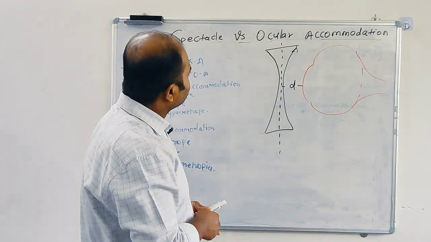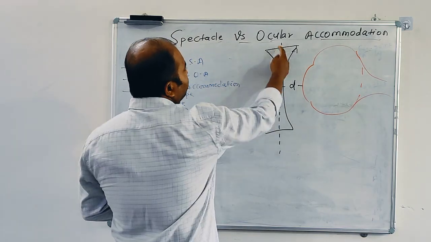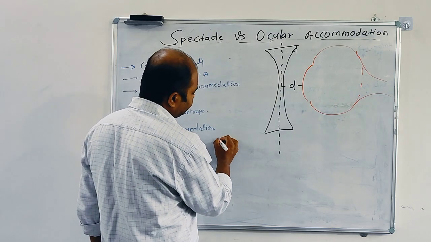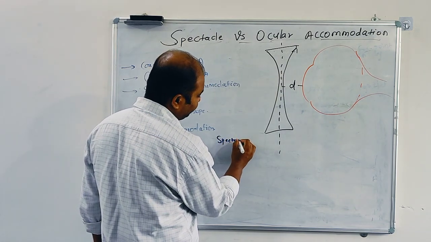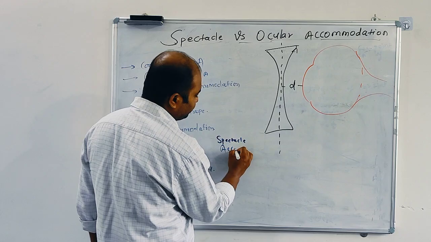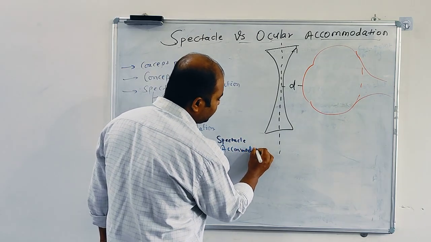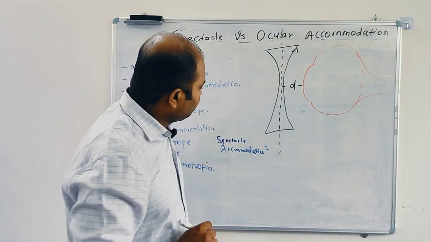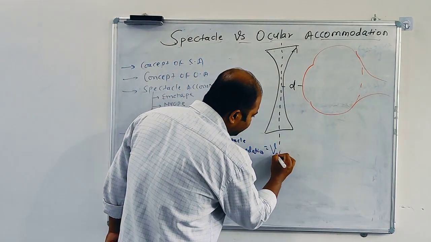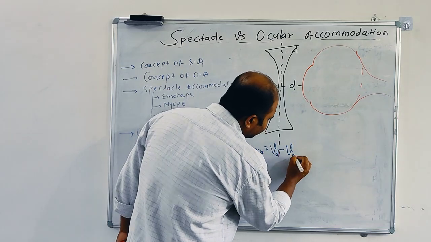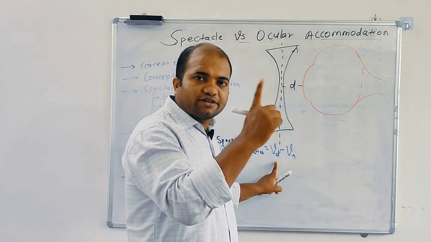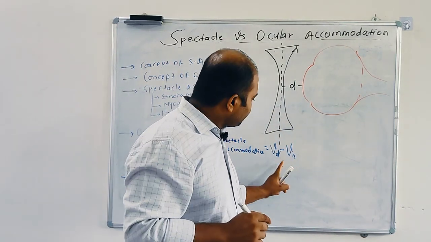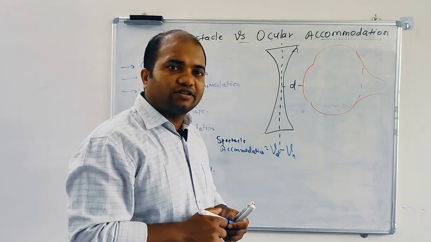So for spectacle accommodation at this spectacle plane, there is one formula, right? This spectacle accommodation is equal to, don't forget it, Vd minus Vn: the vergence of light when you are seeing far, and the vergence of light when you are seeing at some near object.